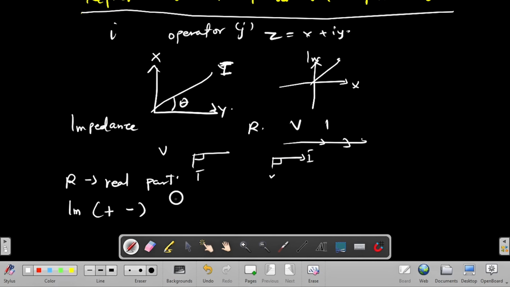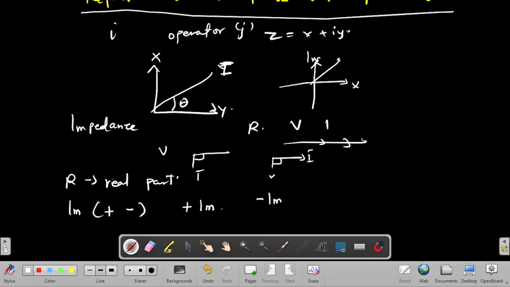A positive imaginary part will go for an inductive circuit, because in an inductive circuit, the voltage is leading. So a positive imaginary number represents our inductive component, and a negative imaginary number represents the capacitive component.